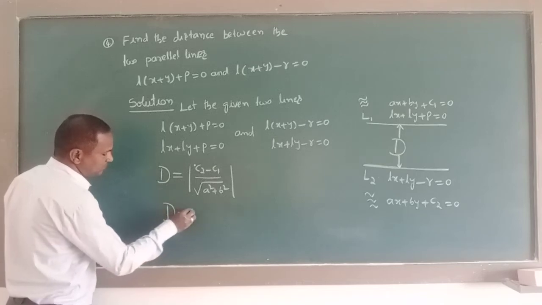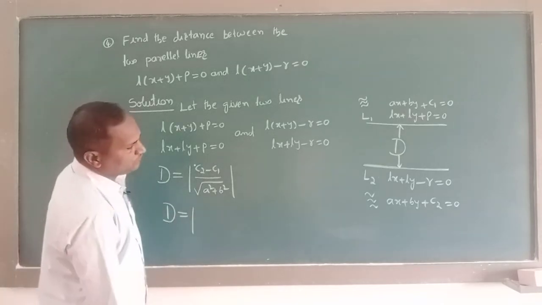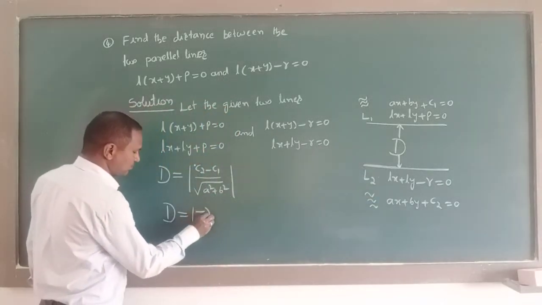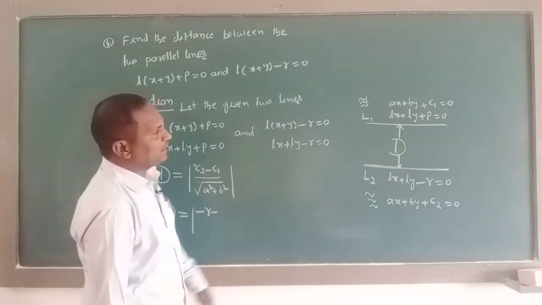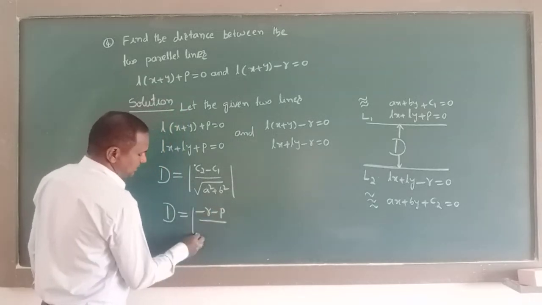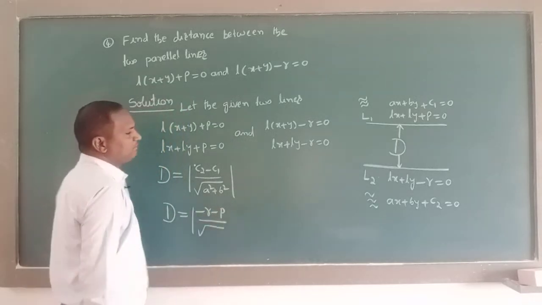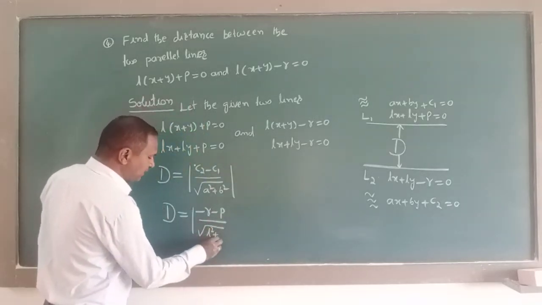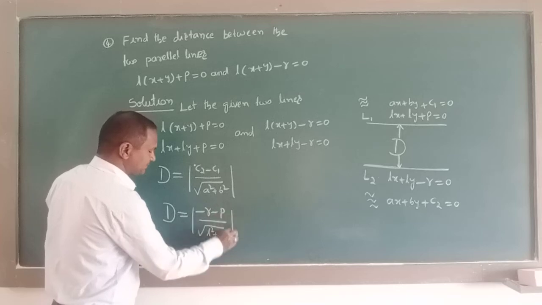D is equal to modulus of c2 value is minus r minus c1 value is p whole dividing by square root of a value is l square, b value also l square.